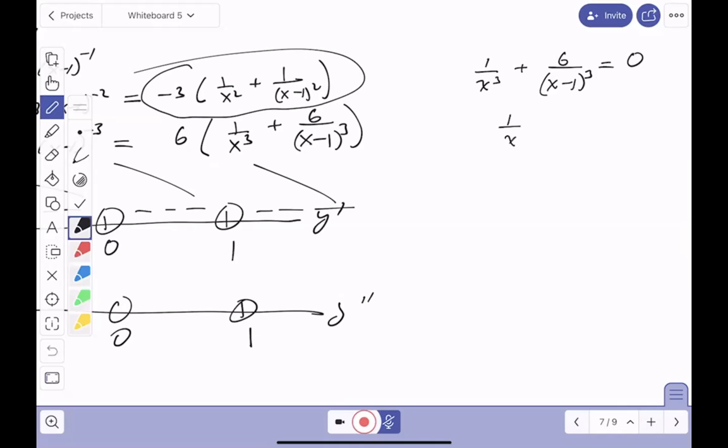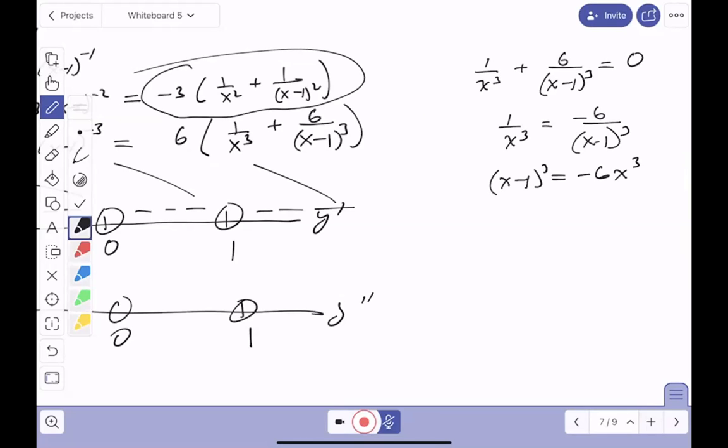So 1 over x cubed would equal minus 6 over (x minus 1) cubed. Boy, this is going to get tough, isn't it? Minus 6x cubed. That's not so bad, actually. Oh, I got to go through the work though. I guess my studies from prior courses might help.